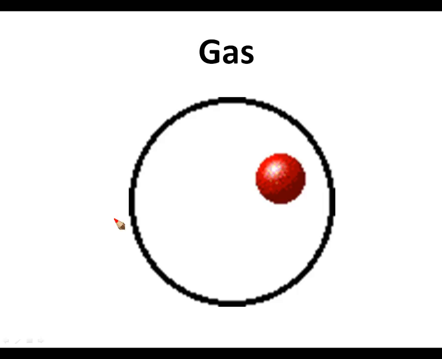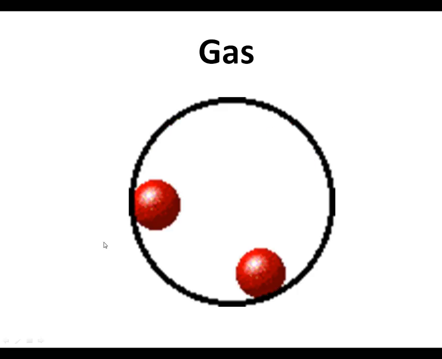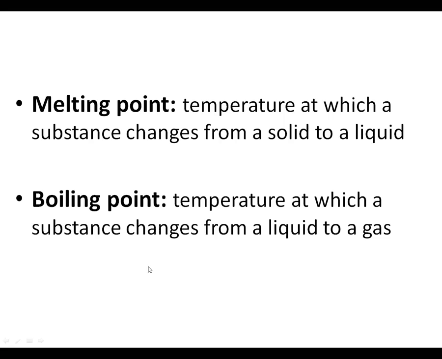So what does that mean? How does that relate to the property of alkanes? Well, let's have a look at the properties of alkanes. The melting point is the temperature at which a substance changes from solid to liquid, and the boiling point is the temperature at which a substance changes from a liquid to a gas.